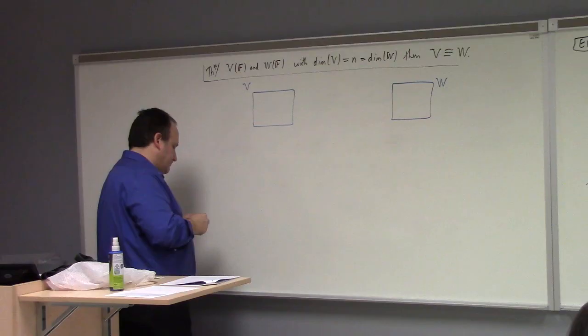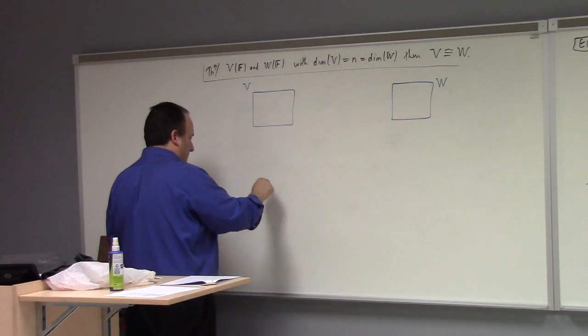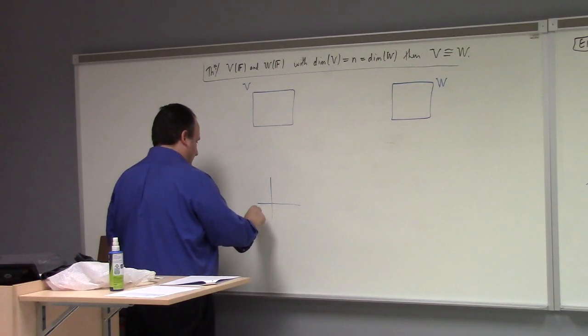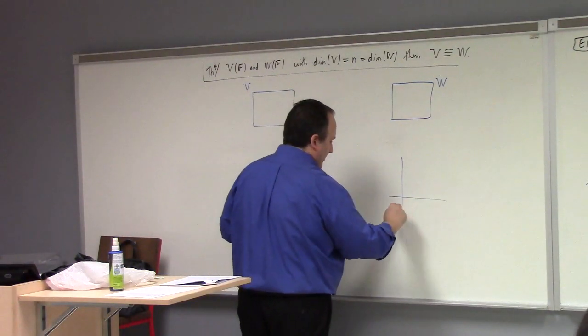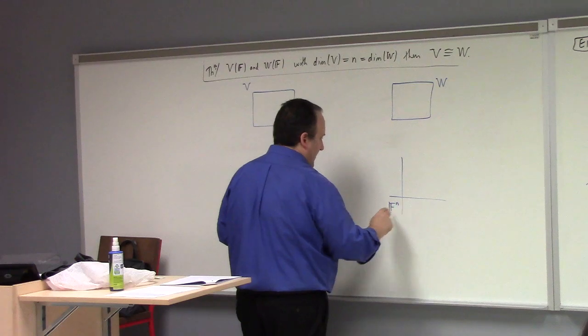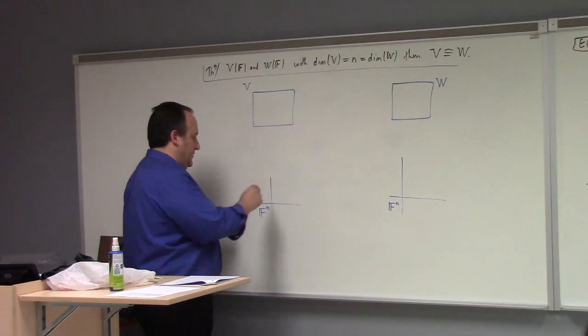Right? Now the thing is, they're both connected to Fn. I could draw a picture down here of Fn just the same, you know?